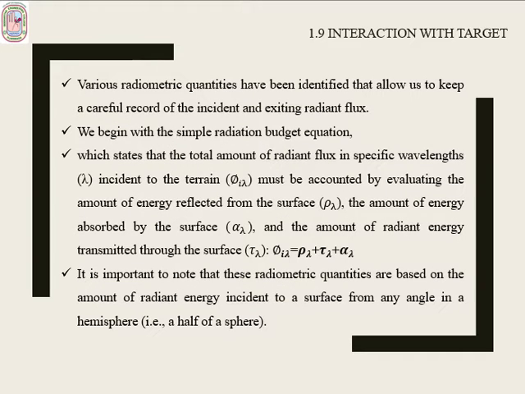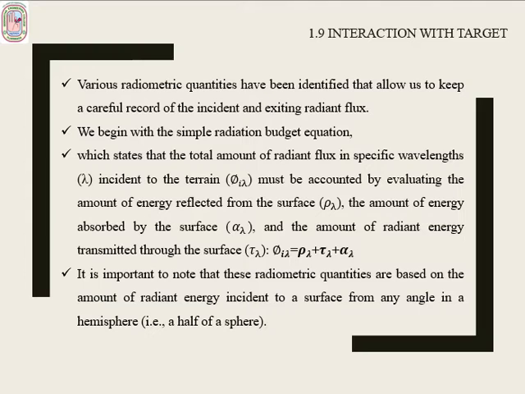Various radiometric quantities have been identified that allow us to keep a careful record of the incident and exiting radiant flux. So, we start with the simple radiation budget equation, which states that the total amount of radiant flux in specific wavelengths lambda incident to the terrain, phi, must be accounted for by evaluating the amount of energy reflected from the surface, rho lambda, the amount of energy absorbed by the surface, alpha lambda, and the amount of radiant energy transmitted through the surface, tau lambda.